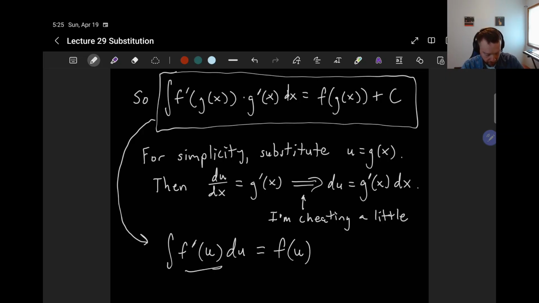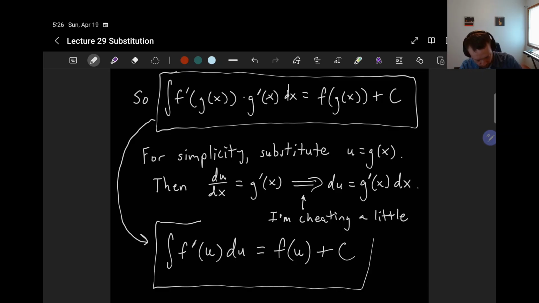And so we get a vastly simplified picture here once I've made a substitution with that new variable u. So this helps us solve a lot of new integrals, which is great.